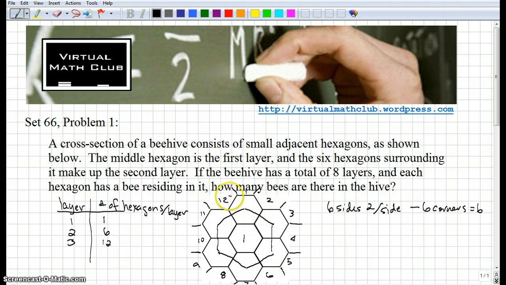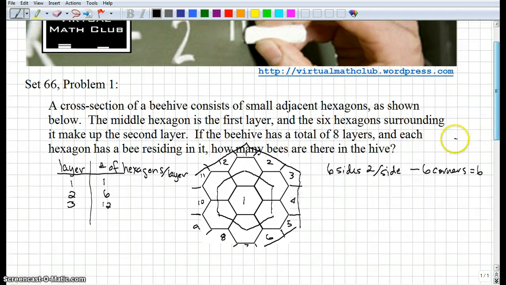In the third layer, I could draw another hexagon here, and you could see that we would have 3 hexagons per side. I'm running out of room, but here I could scroll down a bit maybe. So we'd have 3 hexagons per side, but we still have 6 sides and 6 corners.